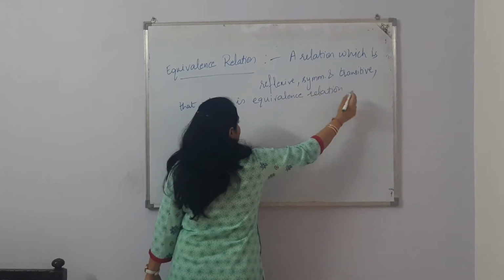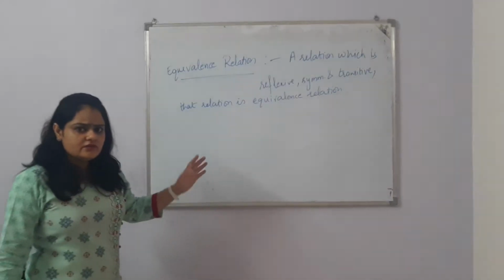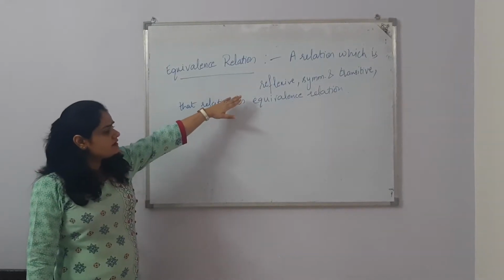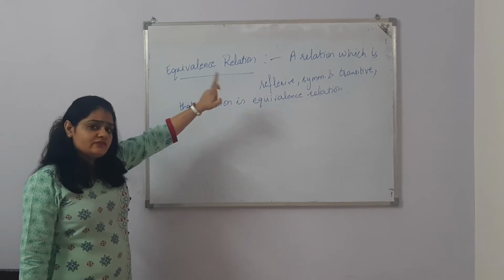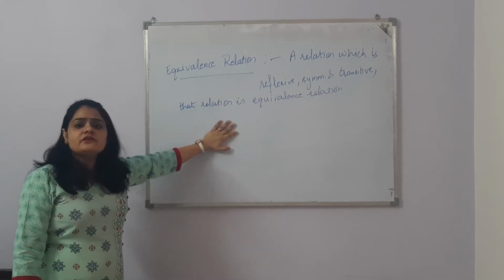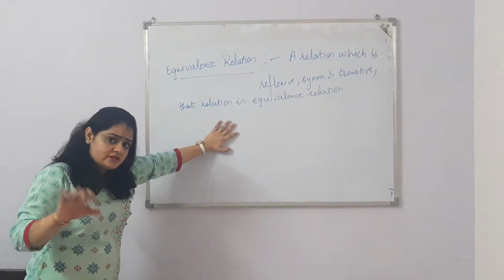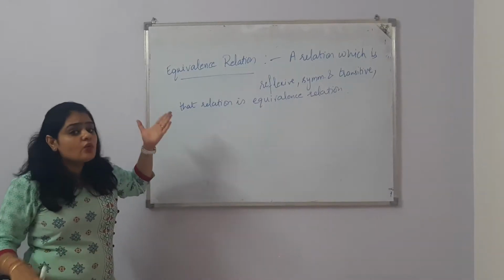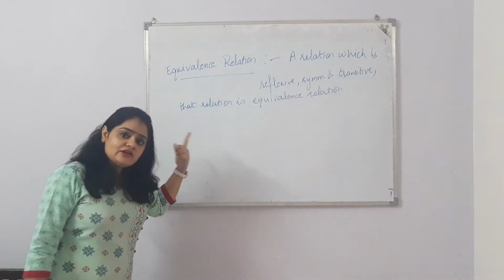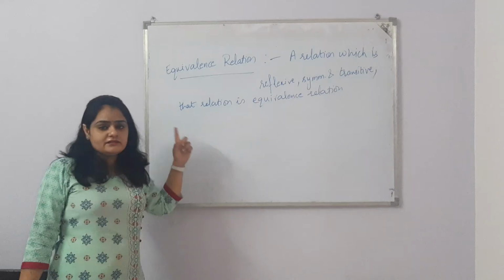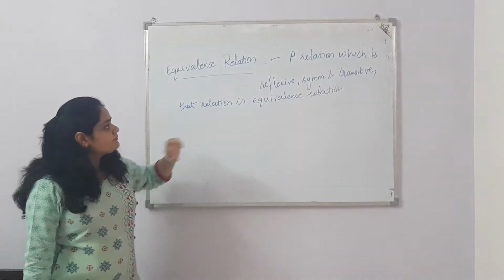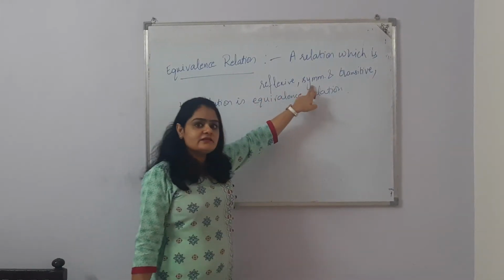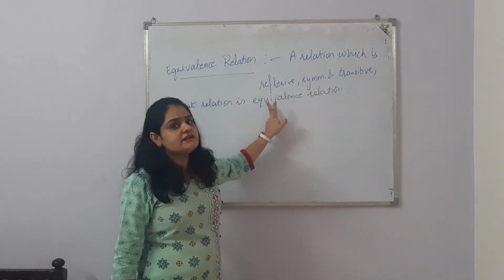So, of course, a question occurs in your mind: if a relation is reflexive and symmetric but not transitive, is it an equivalence relation? No. If any of the cases is not proved, we cannot say it is equivalence.